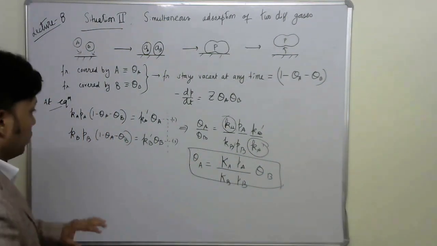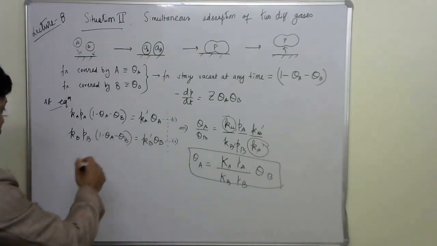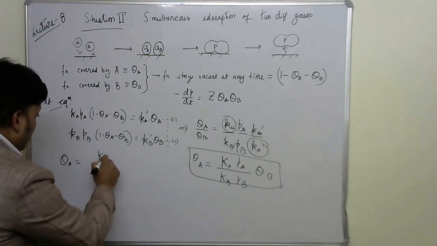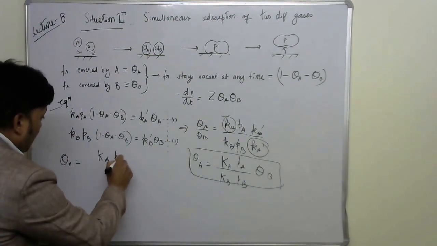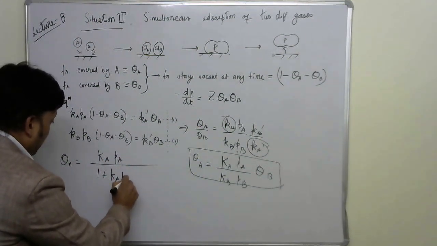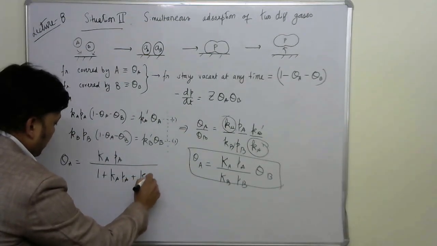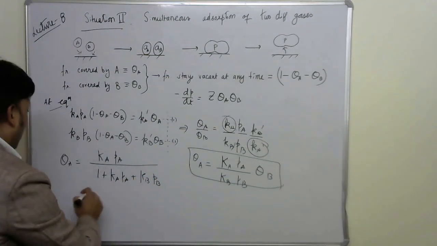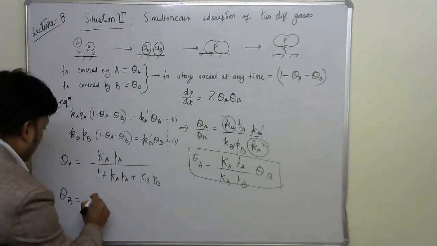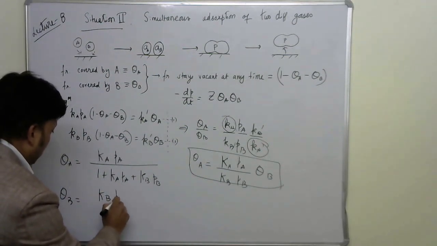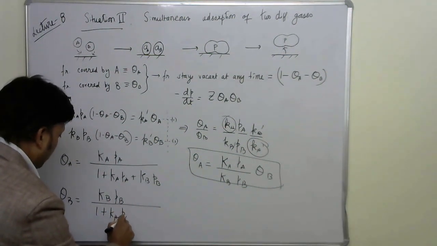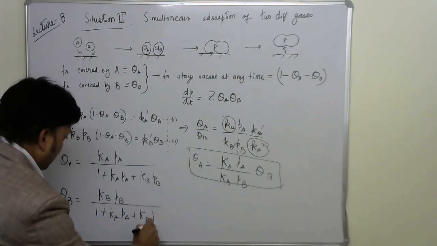So if we do that, then finally what we should be able to get is a value like this. Theta A is equal to Ka Pa divided by 1 plus Ka Pa plus Kb Pb. Okay, so that's going to be theta A, and if we do the same thing, theta B would come out something like this: Kb Pb divided by 1 plus Ka Pa plus Kb Pb.